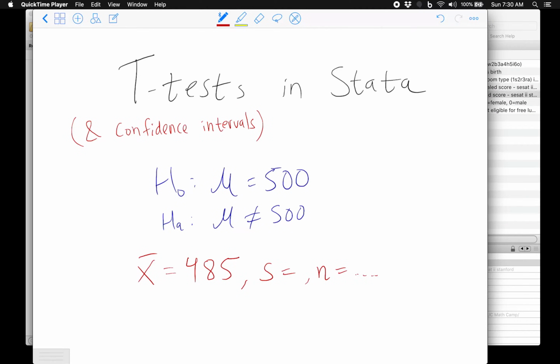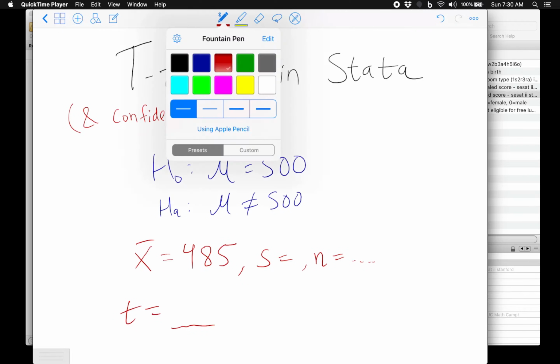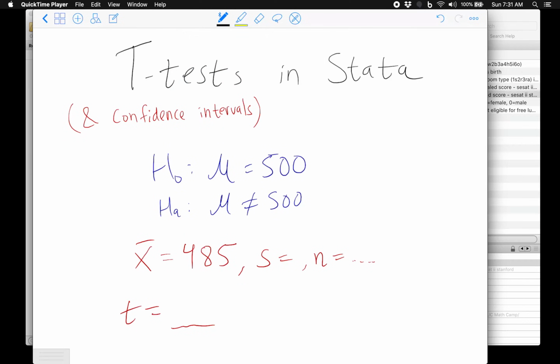And then what you do is you find your test statistic, T, and based on that, you then find your p-value, and here's what it's going to look like graphically. The hypothesis is asking, is the true average 500? We know that our sample was only 485.